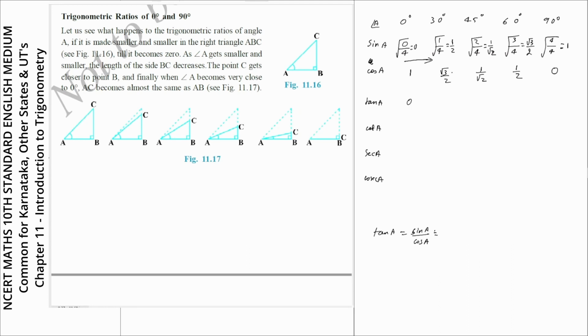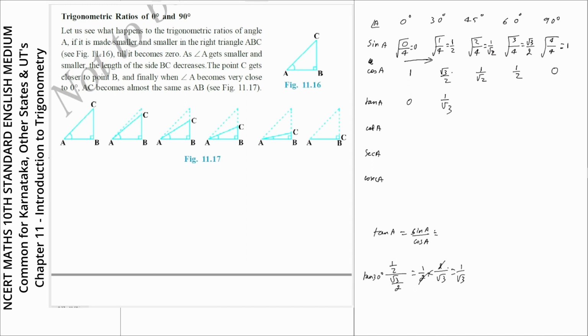And now here tan of 30 degree, 1 by 2 divided by root 3 by 2. So 1 by 2 into 2 by root 3. So 2 will get cancelled, 1 by root 3 I will get. So tan of 30 degrees is 1 by root 3.